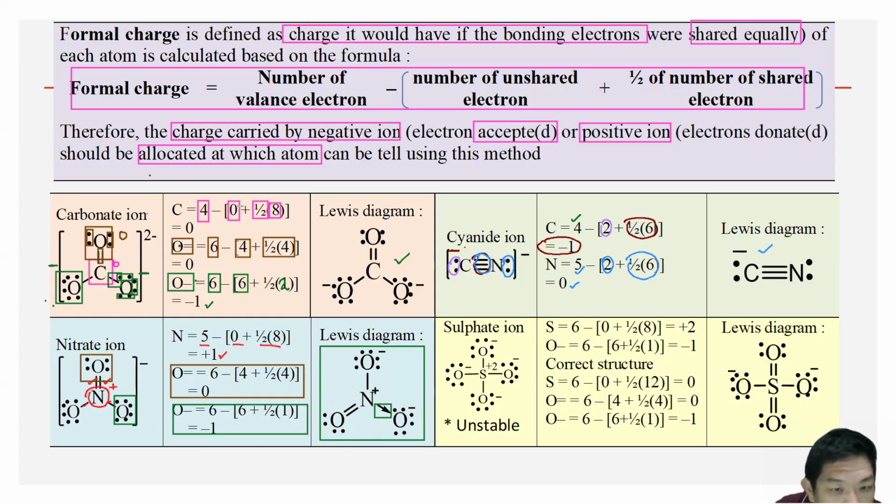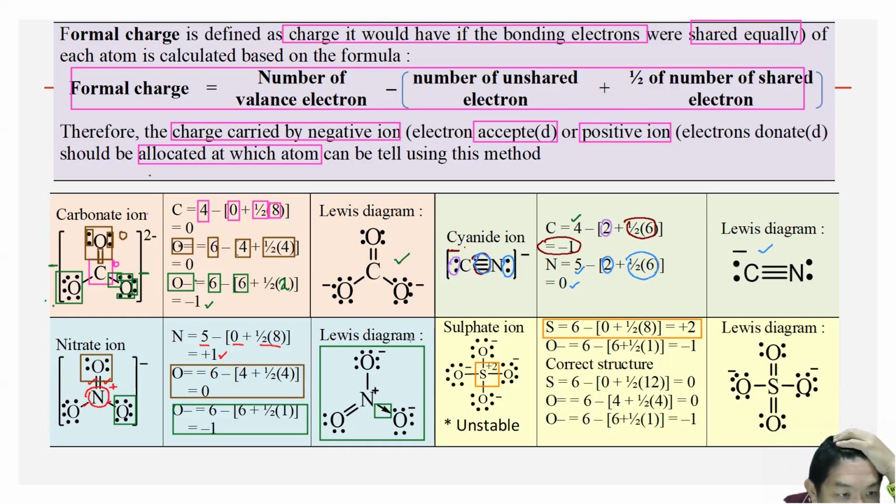Okay, all right. So last but not least, the sulfate ion. So for sulfate ions, let's start from the formal charge of sulfur. So sulfur, you have 6 minus 0 plus half times 8. So you have 2 plus 2 of this one.